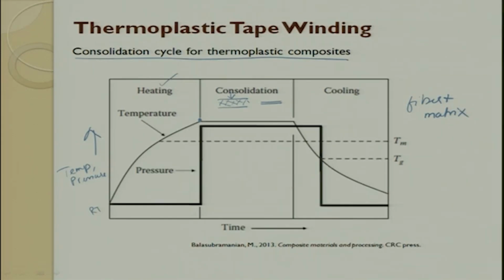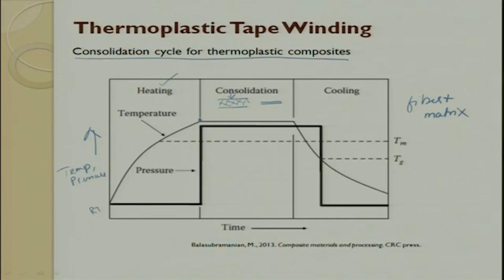And in this consolidation, you try to maintain pressure and temperature. In the first stage, when it was heating, I was least bothered about the pressure. So the pressure at the first stage will be less, then the pressure for consolidation will be very high.